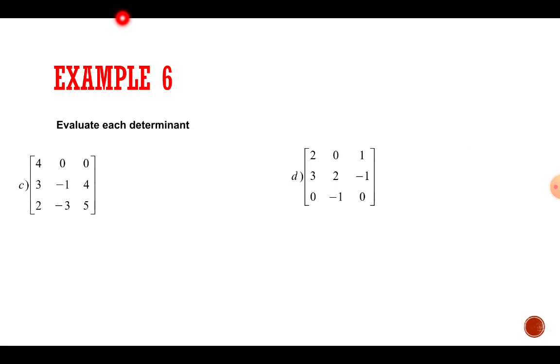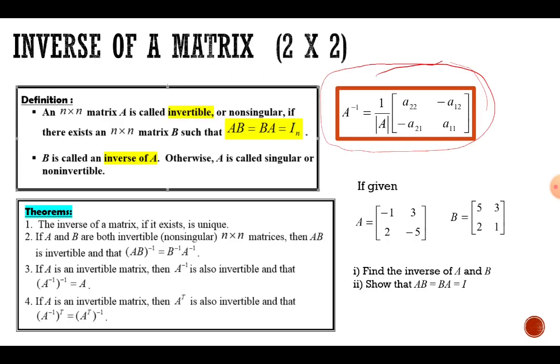But to determine the inverse, the first thing you need to do is to determine the determinant of the matrix A. So the value of the determinant will be 1 over the determinant, and what happens inside the matrix is actually simple.